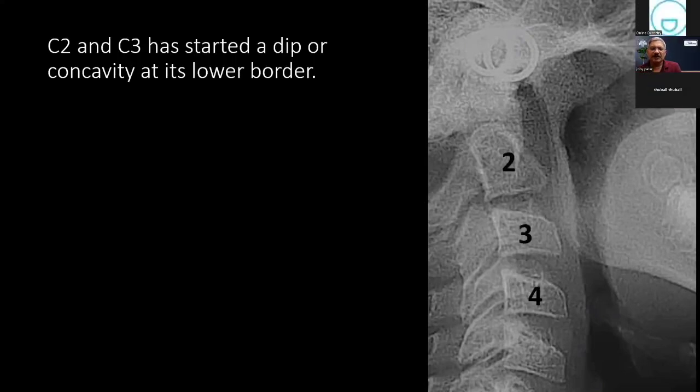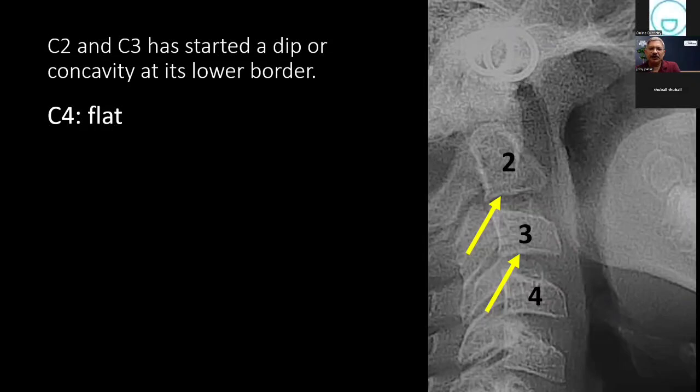When you see the cervical vertebral maturation index, the cervical vertebrae 2, 3 and 4 are the ones that we are taking, and you all know 2 and 3 have started a slight dip or a concavity on the lower borders, you can see there. C4, that means the fourth cervical, is almost flat like this.